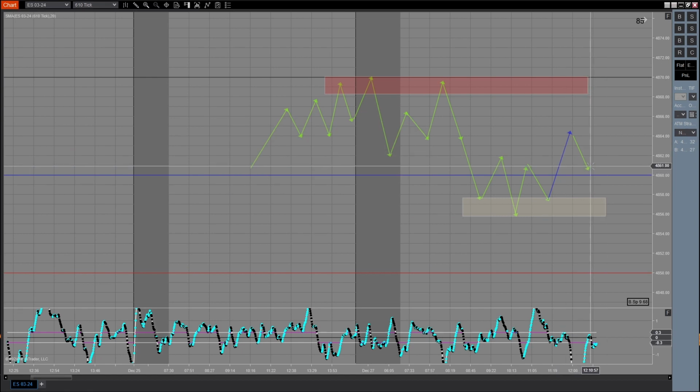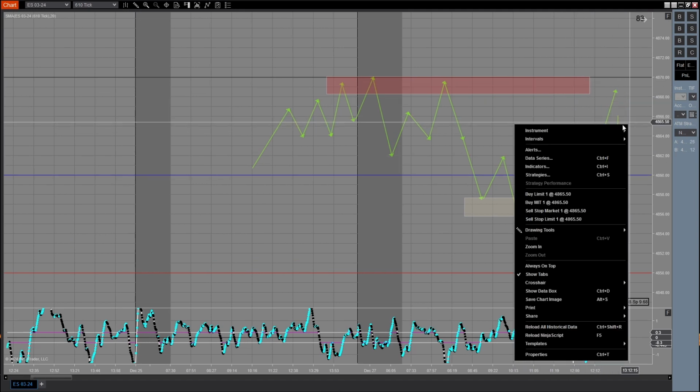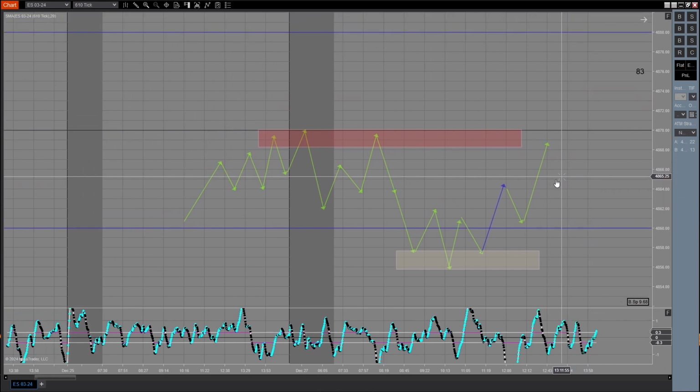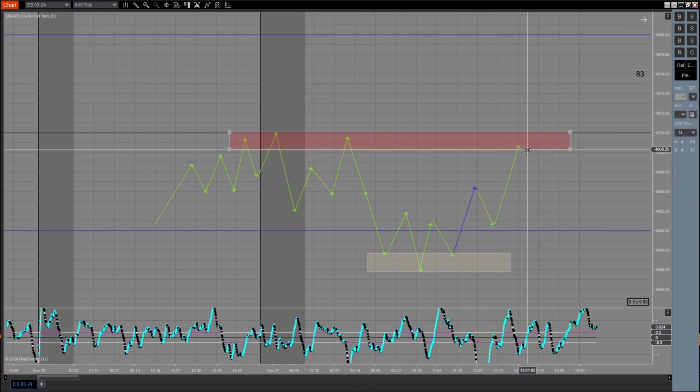So now you've established, hey, we're having movement back to the upside. Say the market wants to retest this price one more time. And we want to figure out when this area is broken, or what that looks like.